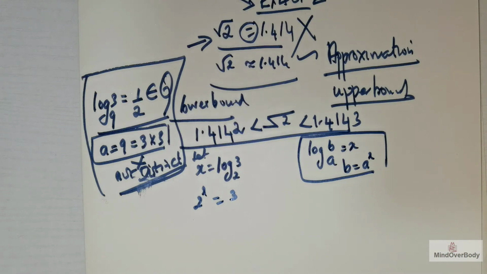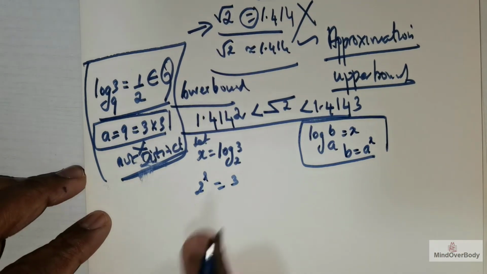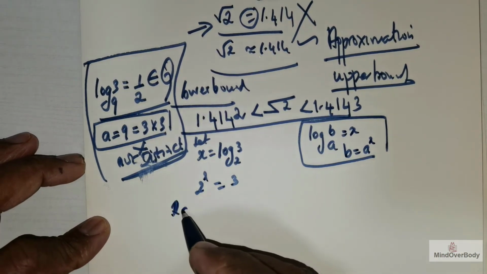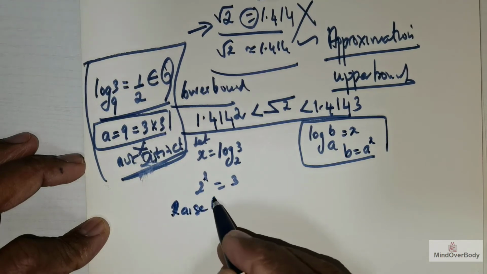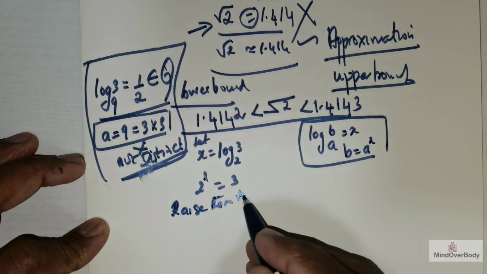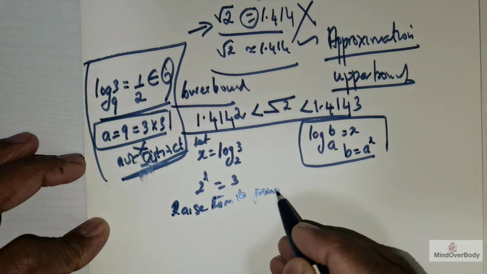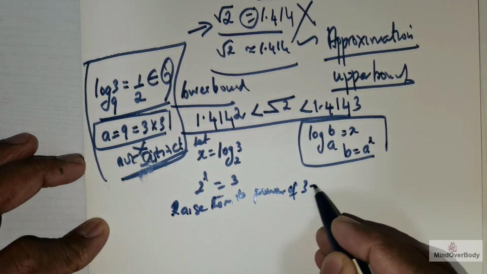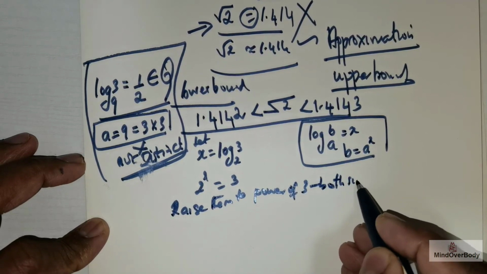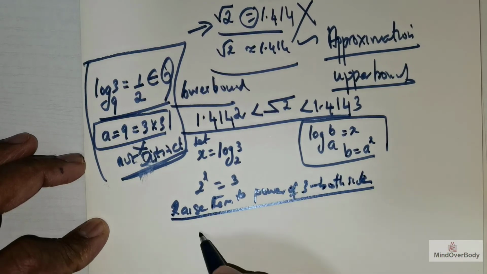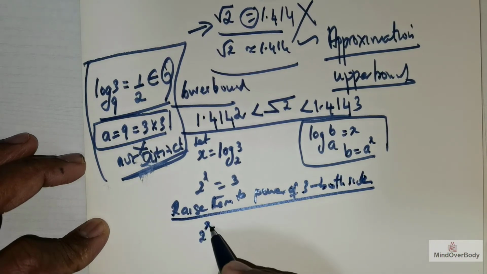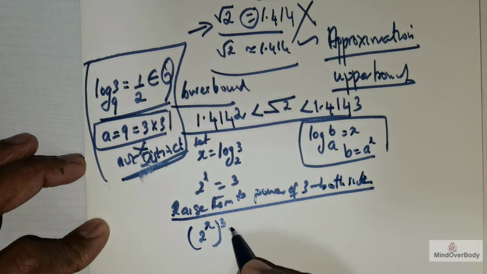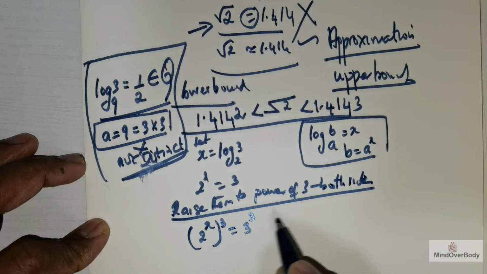Having got this equation, I can very well raise both sides to the power of 3. When I do that, I get 2 raised to the power x, raised to the power of 3, and this is 3 raised to the power 3.